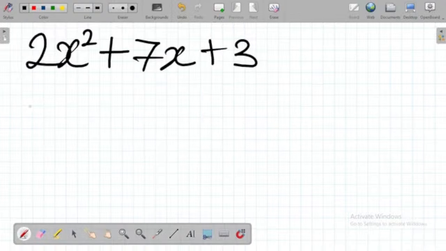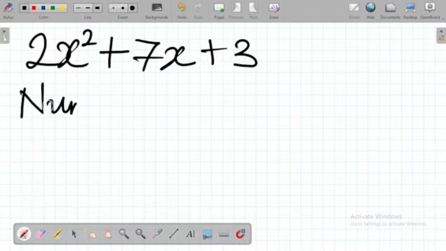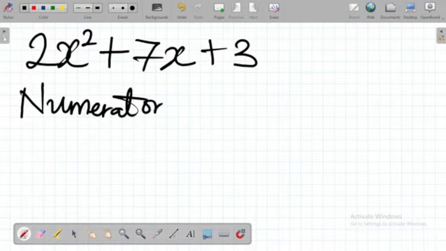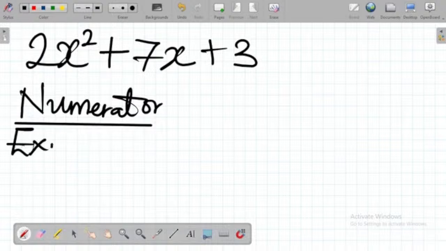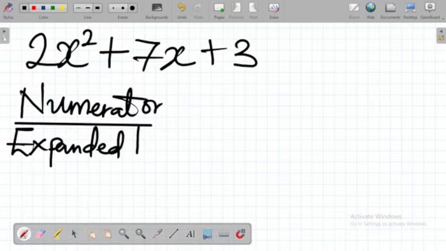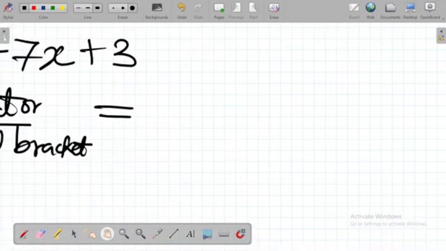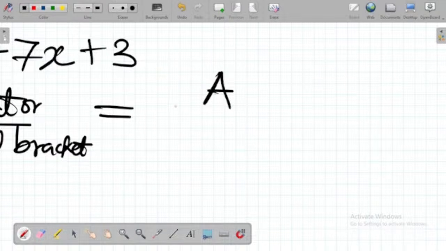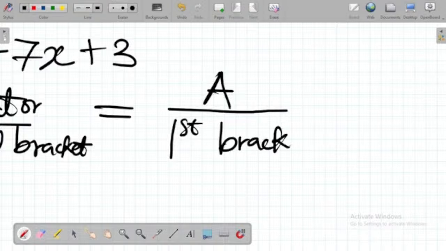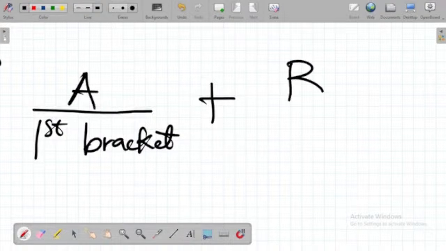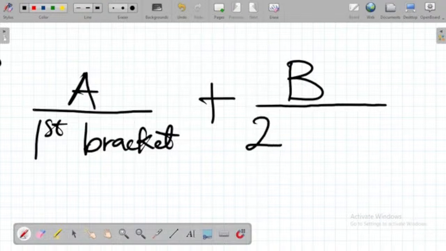All right, please note this. For you to solve partial fraction, you must follow this process. We have the numerator divided by the expanded bracket is equal to A all over the first bracket plus B all over the second bracket.